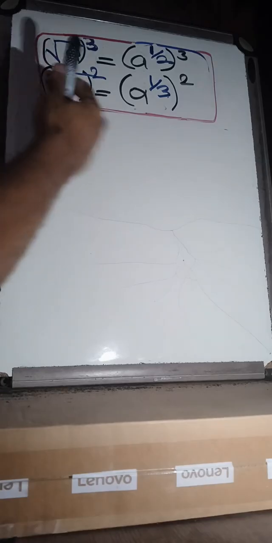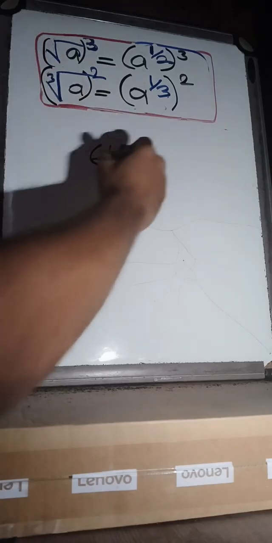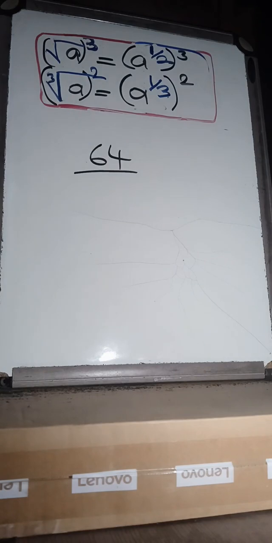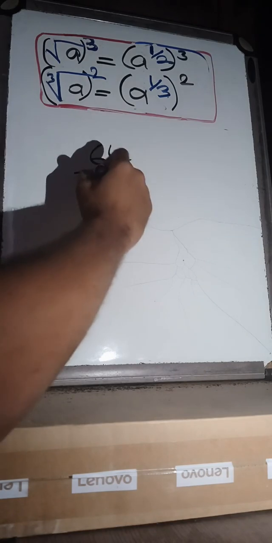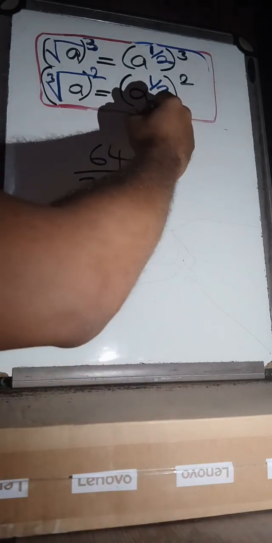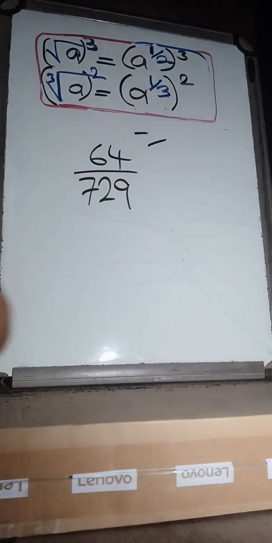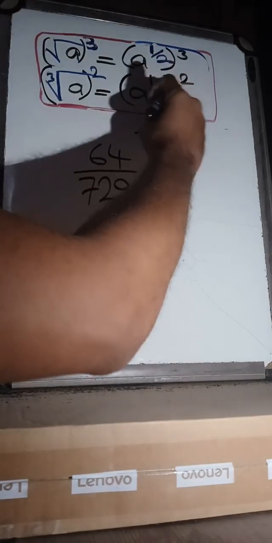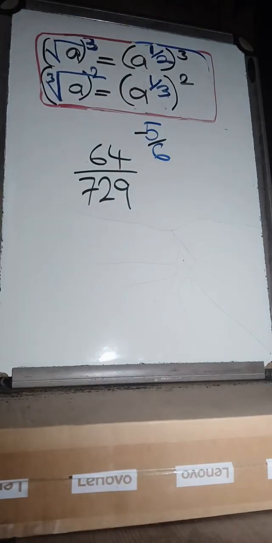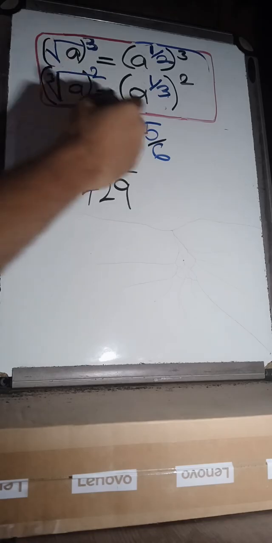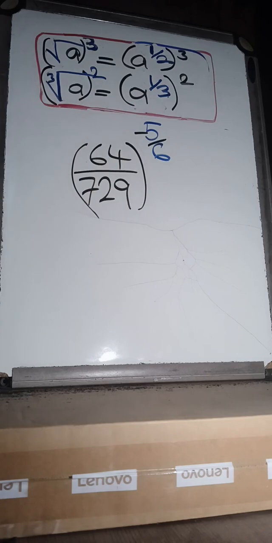Imagine you have, let's say, 64 over 729, and you raise this number to minus 5 over 6. Well, imagine if it was a whole number.